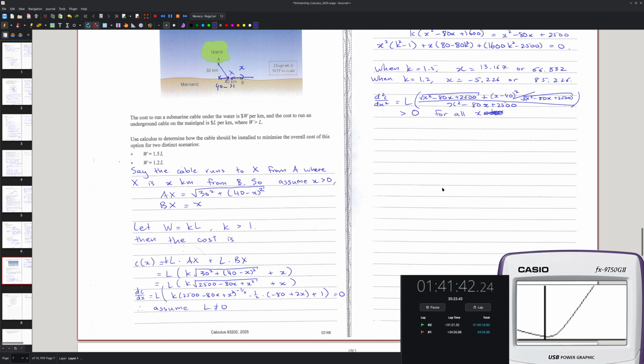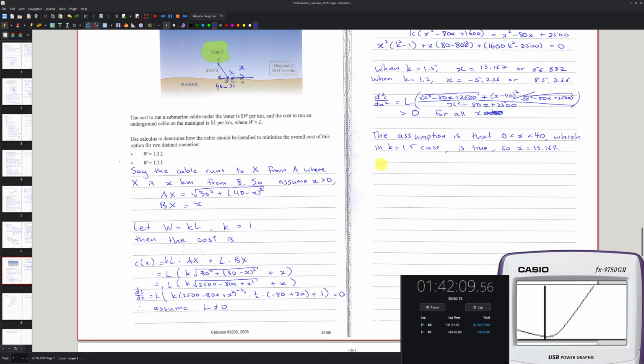Okay. So the assumption is that 0 less than x less than 40, which in the k equals 1.5 case is true. So x equals 13.167.